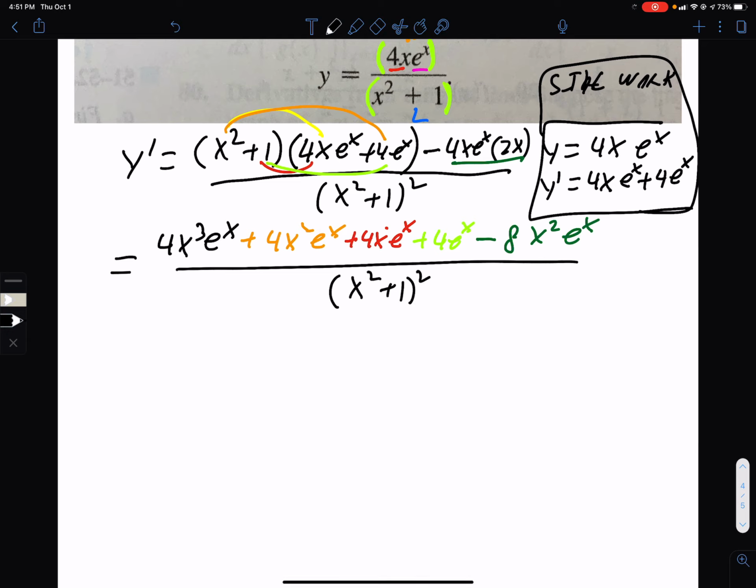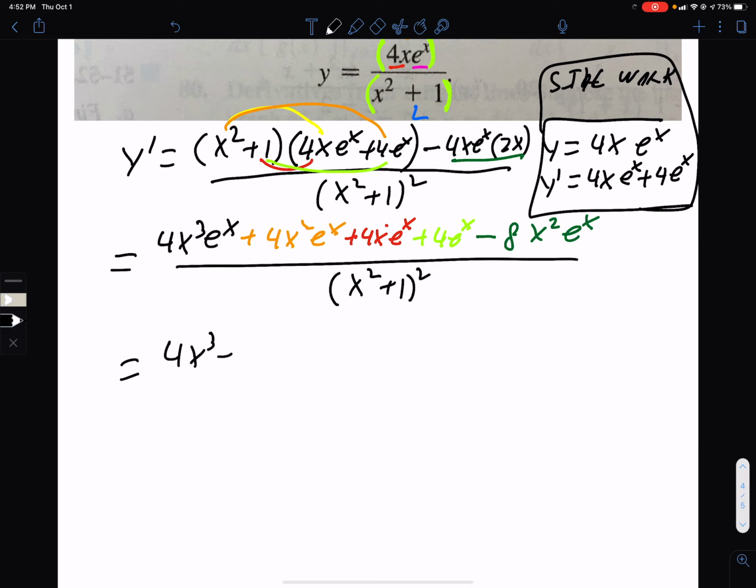Now, on top, are there any terms the same? X cubed e to the x. Are there any more x cubed? Nope. X squared. Ooh, look at that. X squared e to the x, x squared e to the x. 4 minus 8 of them. That's going to give me negative 4 of them. Whew. This is a lot of things going on.